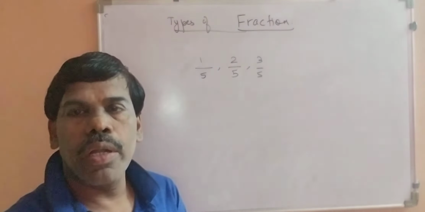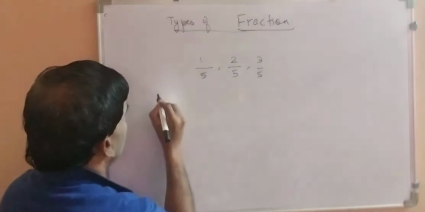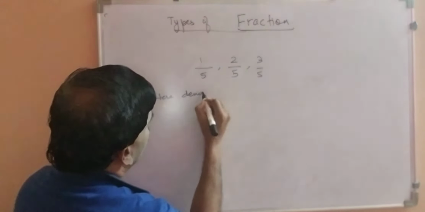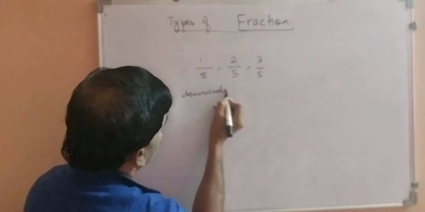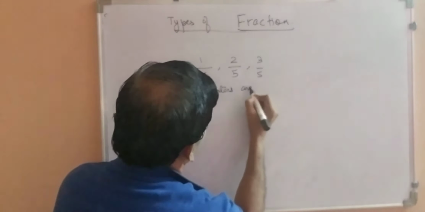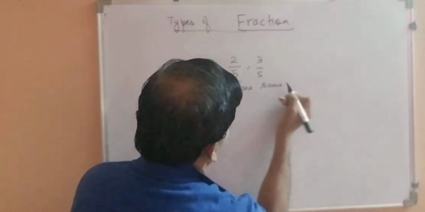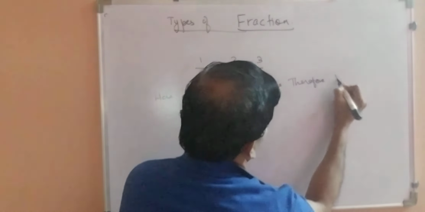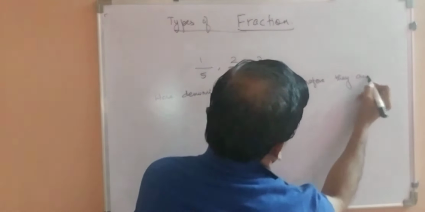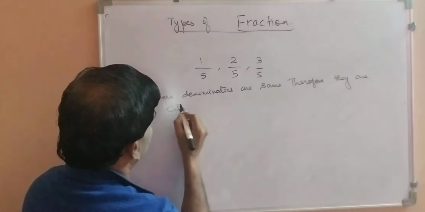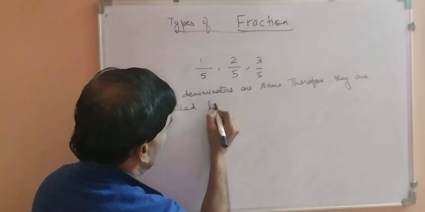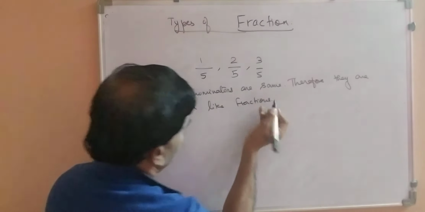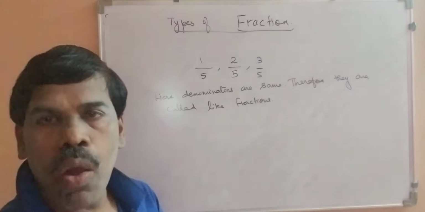So, they are called like fractions. Here the denominators are the same. Therefore, they are called like fractions.